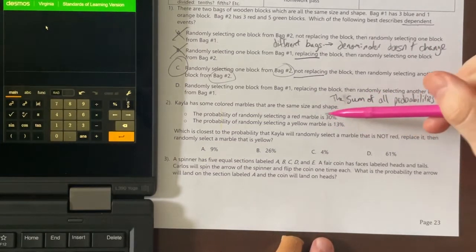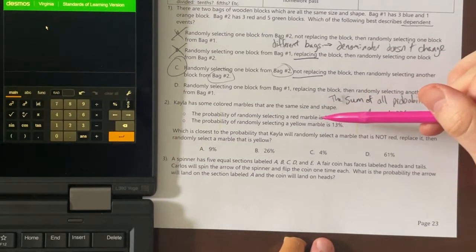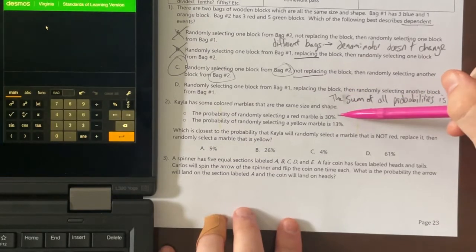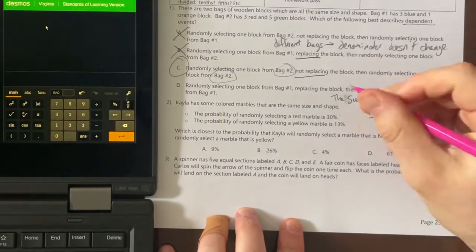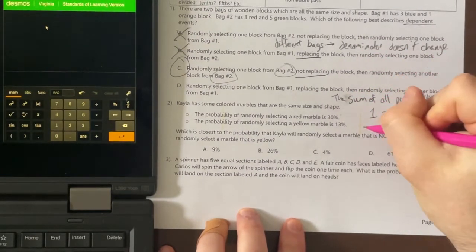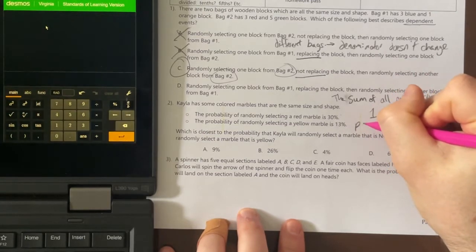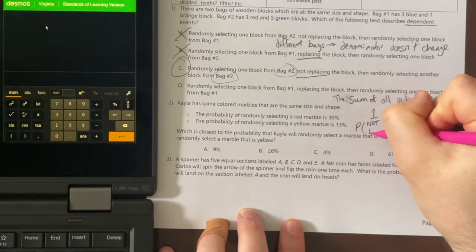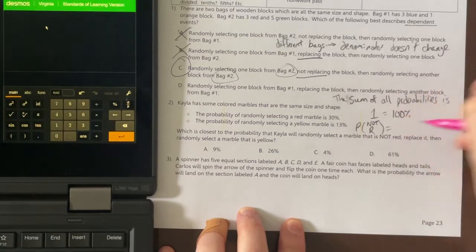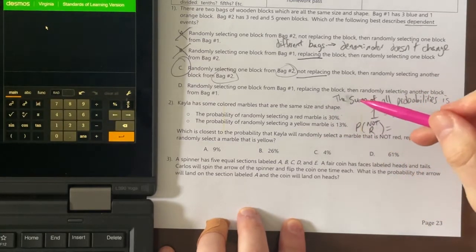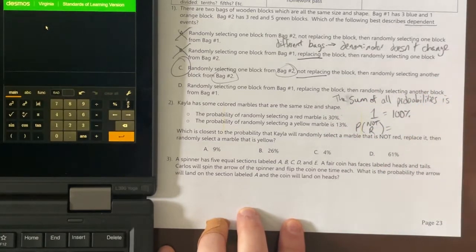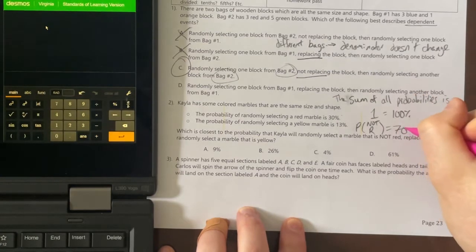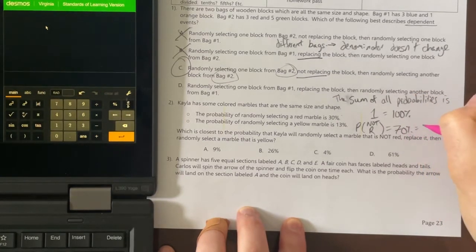Since picking a red marble is 30%, the probability of not picking red is going to be what's remaining. If you think of a pie chart or a cell phone battery, if you used 30%, how much is left? It'd be 70%, which is the same as 0.7.